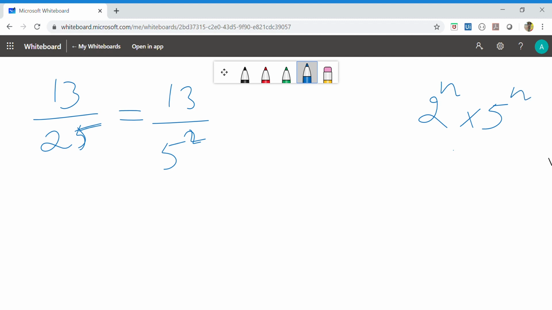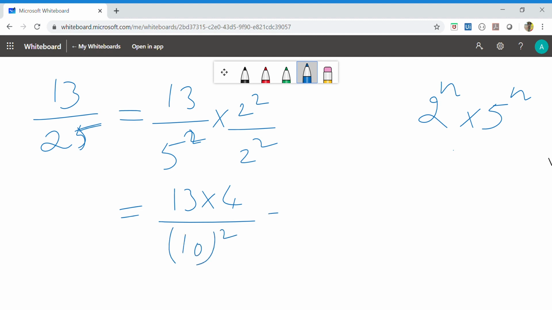So here I have to multiply by 2 square in both numerator and denominator. That is 13 into 4 by 10 to the power of 2, which equals 52 by 100, nothing but 0.52.